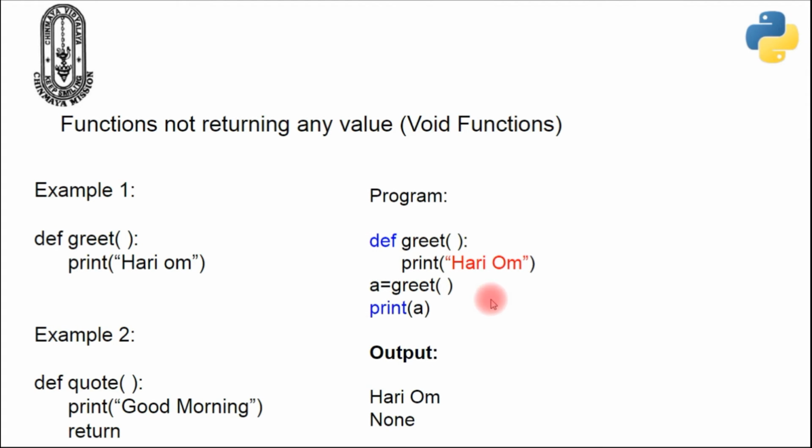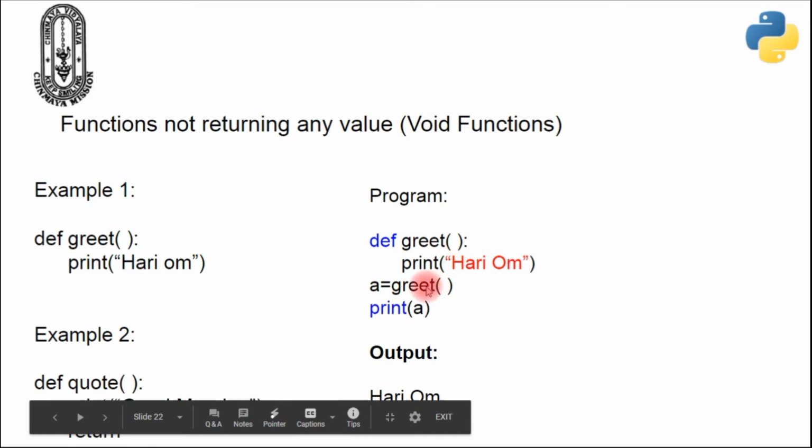Let us understand this concept with the help of an example. In our program, we have defined a function greet. We have one statement inside the function, the function call was made, and the value is assigned to the variable a, and finally we are displaying the data stored in the variable a, but we don't have any return statement here. This function doesn't return any data.